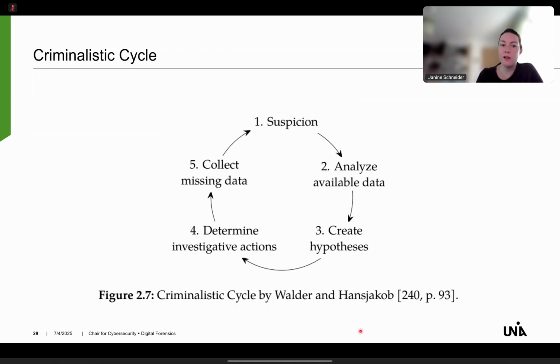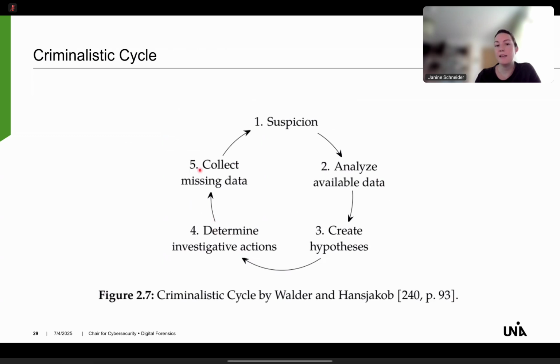And there's also a criminalistic cycle in order to get all the events reconstructed, get all the traces that are needed for that. So as I said in the beginning, we always start with a suspicion. Then the investigators analyze the available data. The investigators create hypotheses out of the available data. Then investigative actions are determined based on these hypotheses.